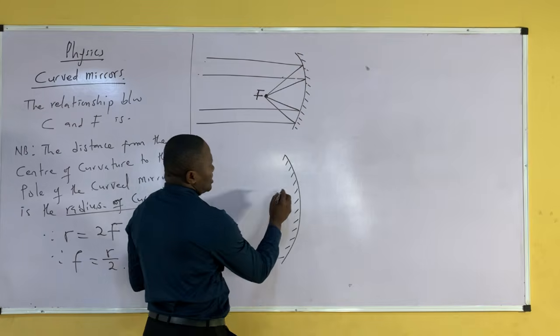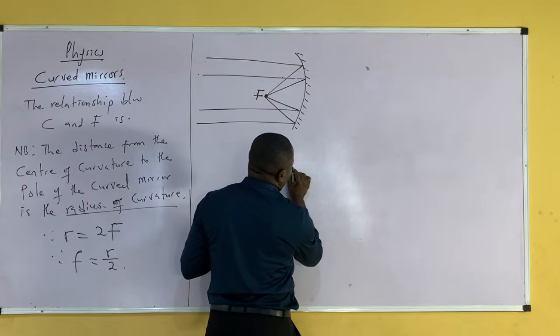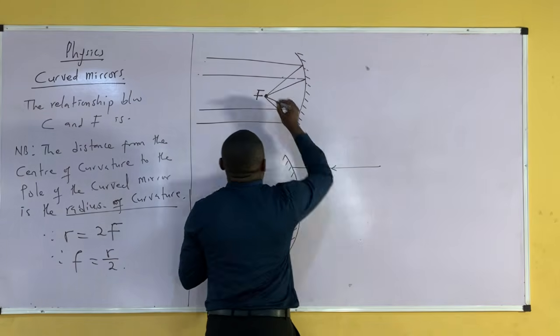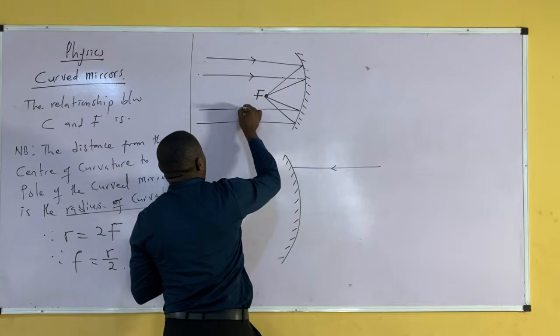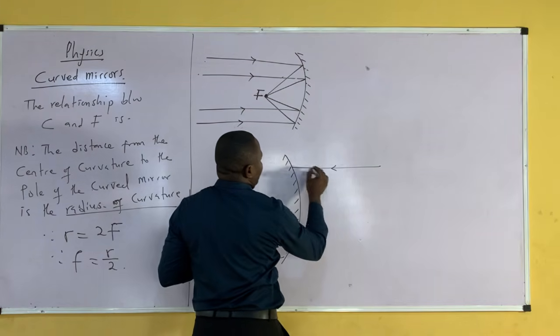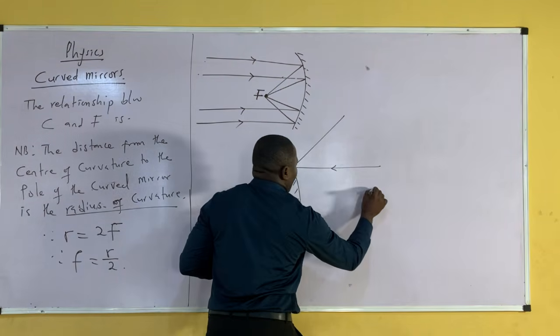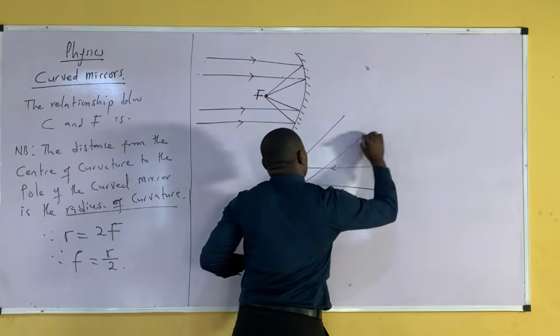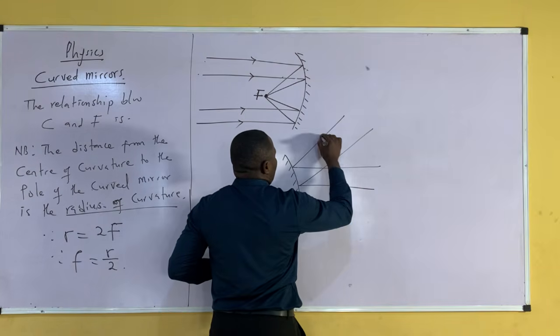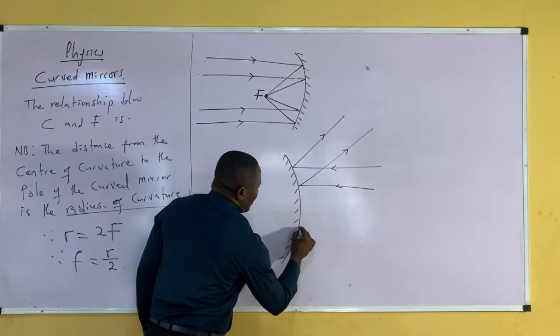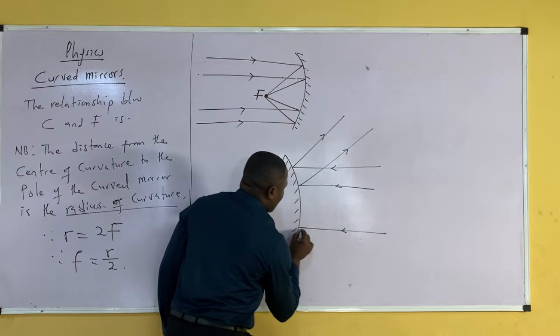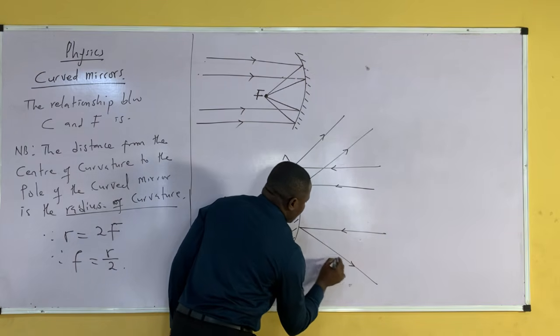But for this, a ray of light comes and strikes here. This is the direction of the light. It deviates. Another one comes, it deviates. This is the way it goes. Another one comes like this, it deviates.